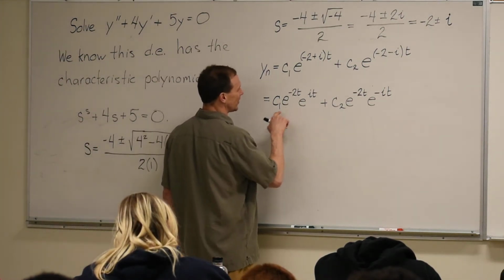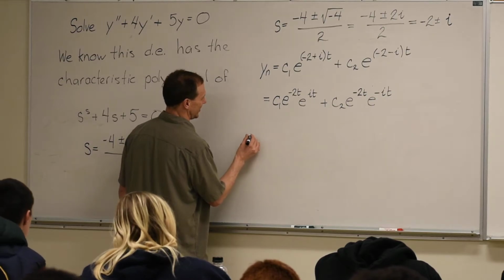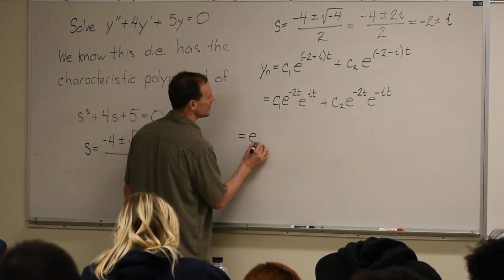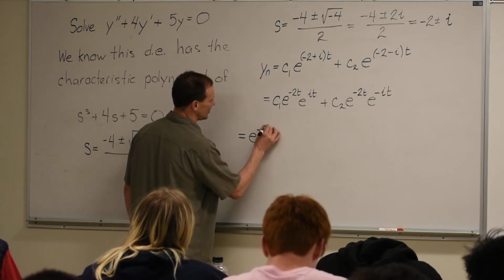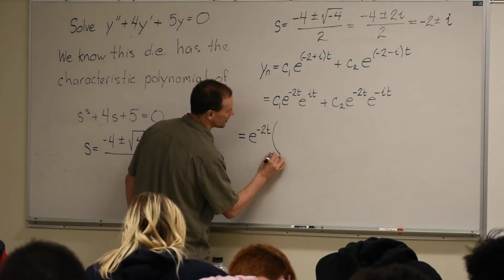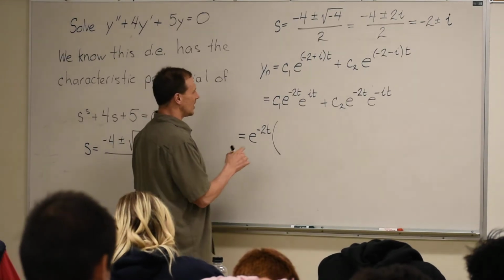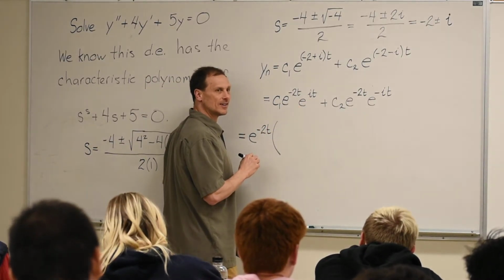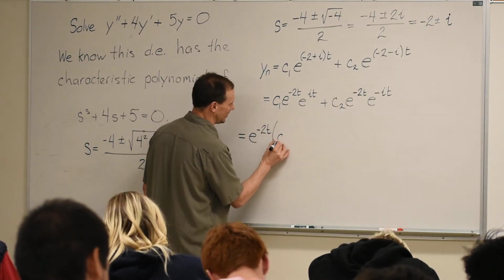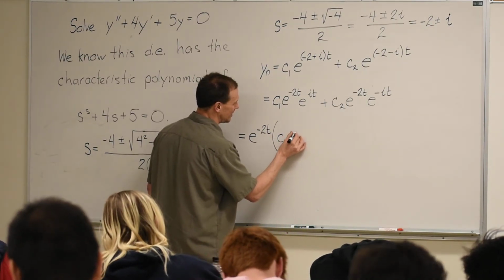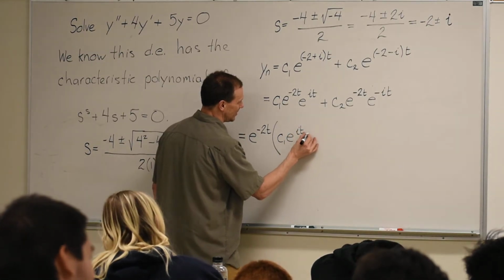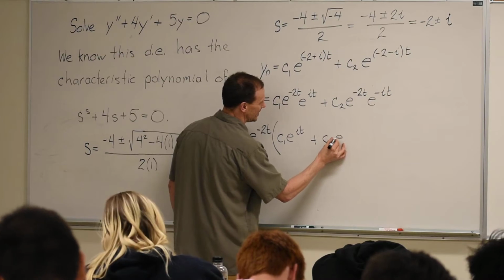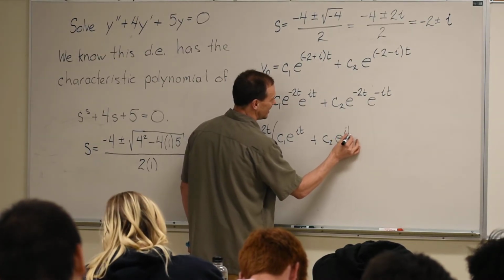Let's factor out our e's here. So I'm going to go equals e to the minus 2t times a big set of parentheses. This is C1 e to the it, plus C2 e to the minus it.